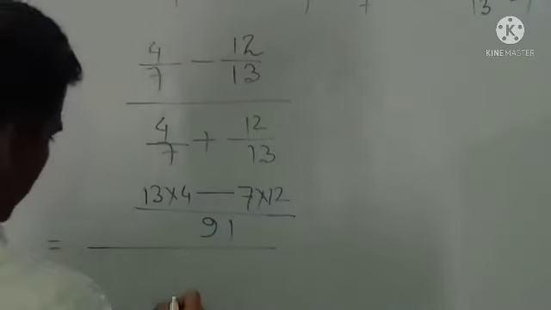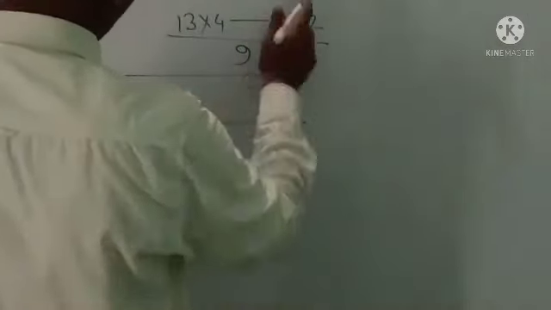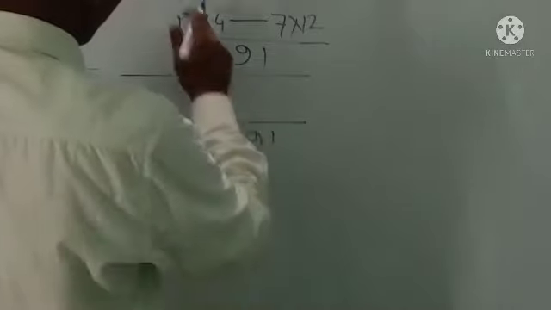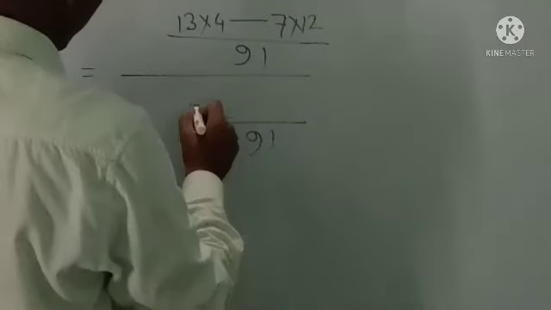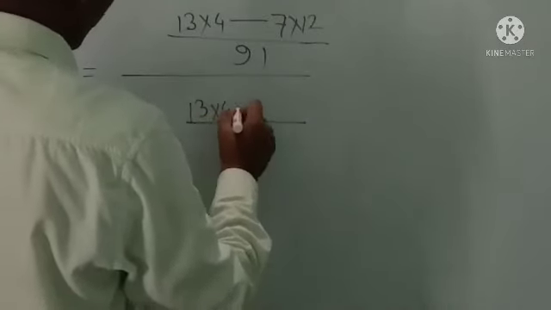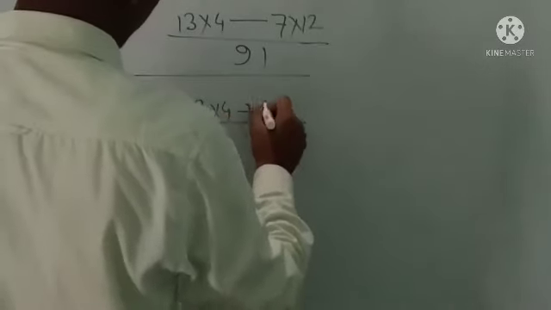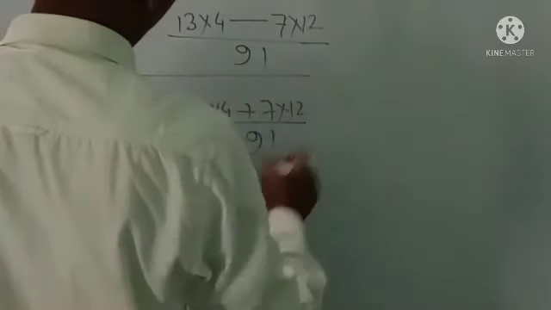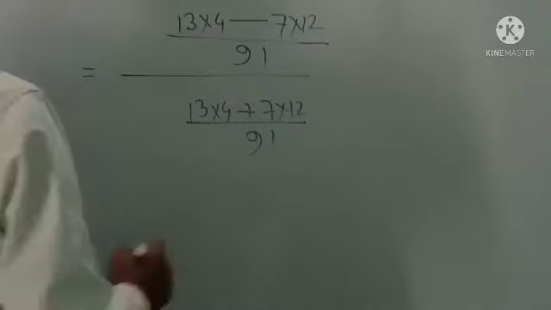Okay, similarly downside also, 7 and 13 LCM is 91. If you divide by 7, you will get 13 times, 13 into 4, okay, plus 7 into 12. Okay.